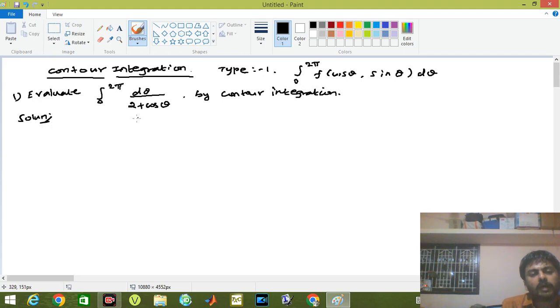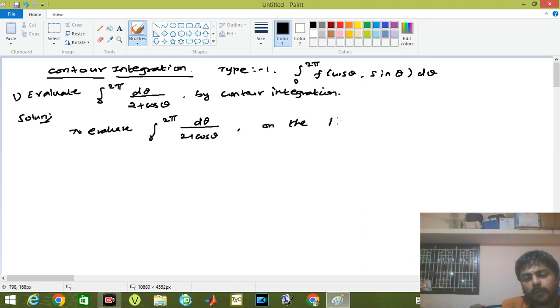They have given the problem to evaluate the integral over 0 to 2 pi d theta by 2 plus cos theta by contour integration on the region enclosed by the unit circle, modulus of z equal to 1.